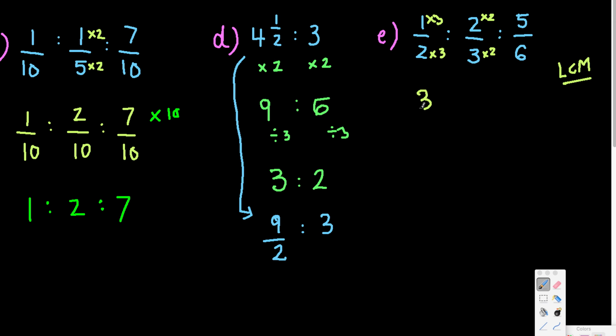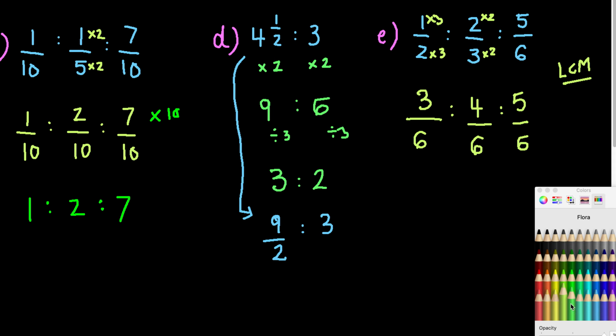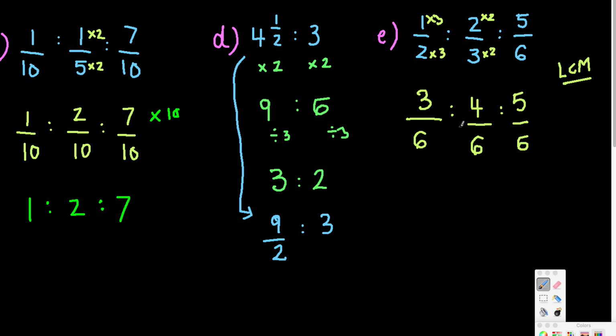So on the top I'll have 3/6, because of course that's the same as 1/2. I'll have 4/6, because that's the same as 2/3. And then I've got my 5/6. Now, beautiful. Now that I have all of the same denominator, you can see that my ratio is just going to be 3, 4, and 5.